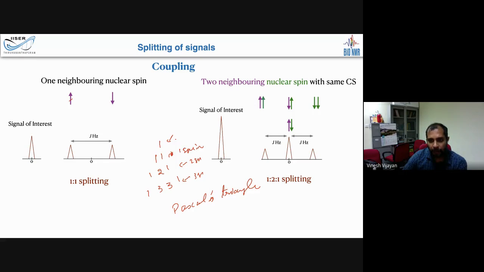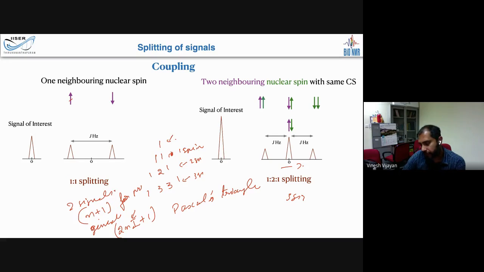Now normally the number of signals, the splitting, you see 3 signals here, 2 signals here, is given by n+1 for protons, or generally it is 2nI+1, where I is the spin of the coupled partner.